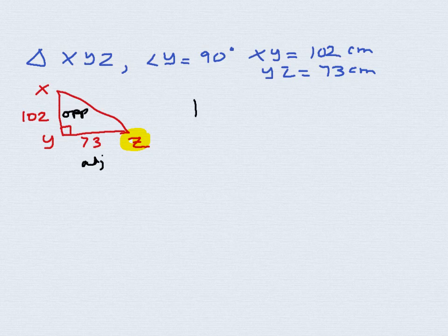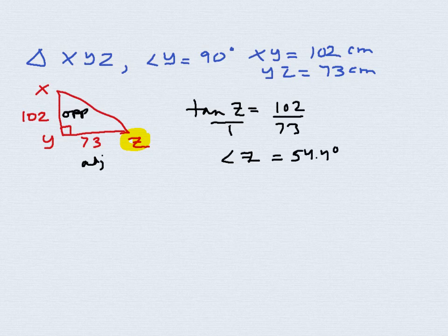So the tan of angle Z is equal to 102 divided by 73. Take the second function, tan, and you will get 54.4 degrees.